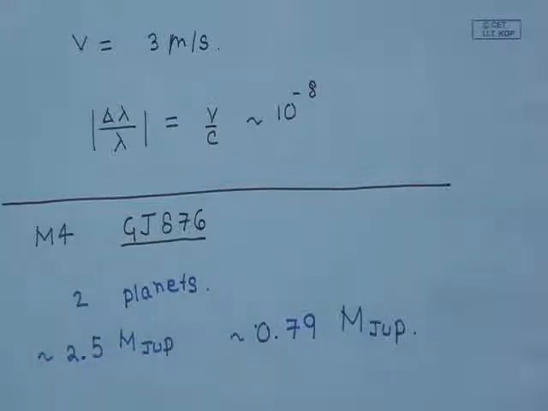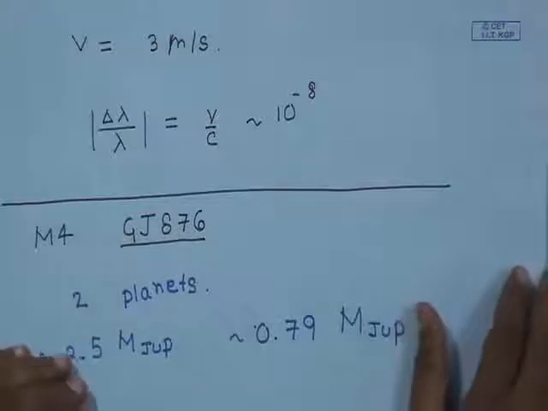So, let me just summarize what I have told you. I have very briefly told you that the Doppler shift produced in a binary system can be used to determine the masses of the 2 stars if I have a stellar binary system.